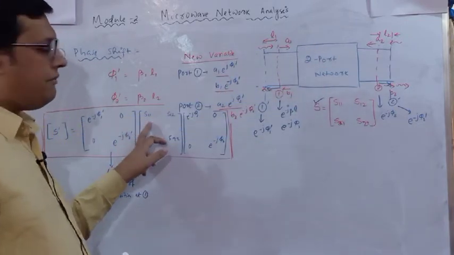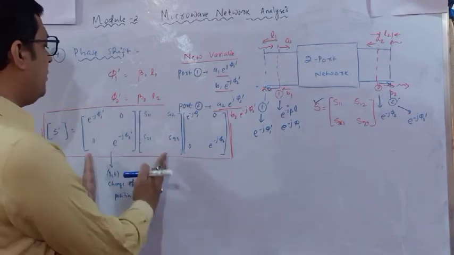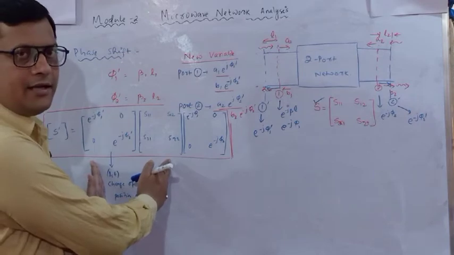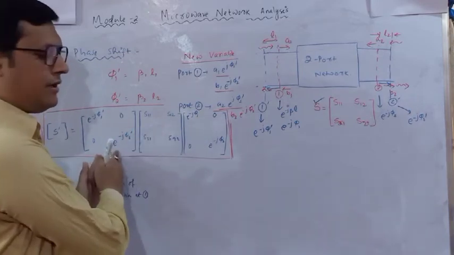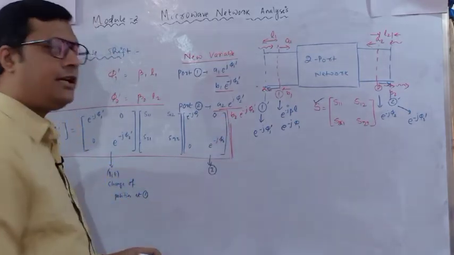Similarly, if I am measuring only with respect to port 1, that means I am going to identify only two matrices. But this is for port 1 and this is for port 2, if there is a variation in port 2.